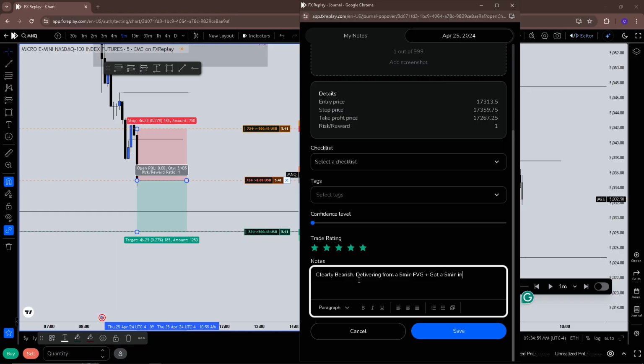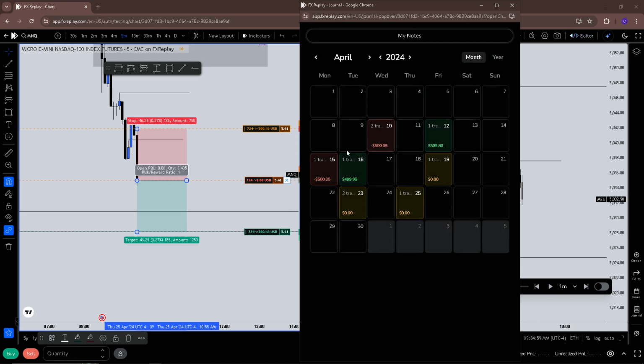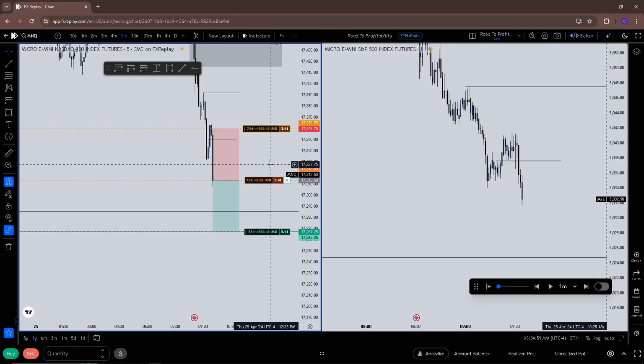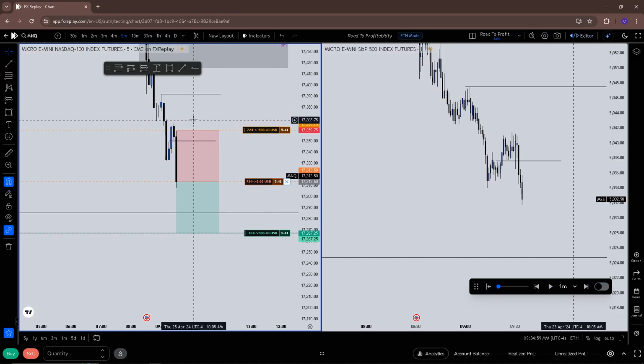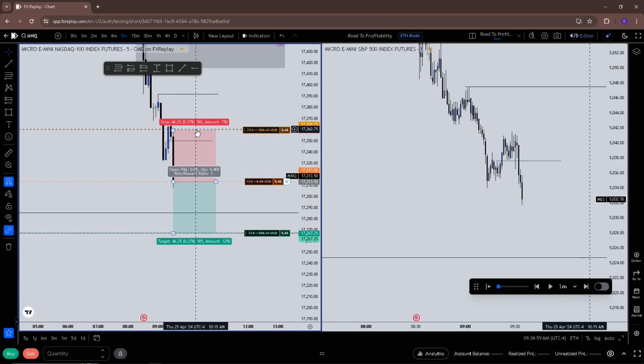Got a 5-minute inversion with good displacement lower. Clear target below inside of a 15-minute fair value gap. Do have this unfilled 5-minute above still.